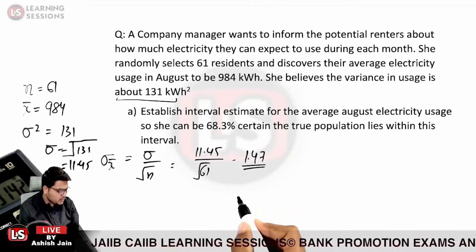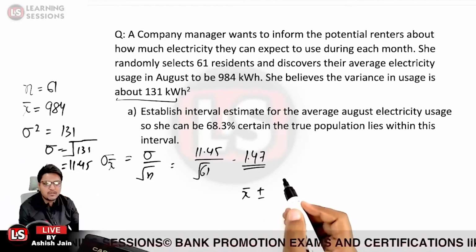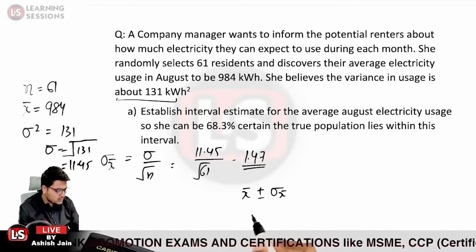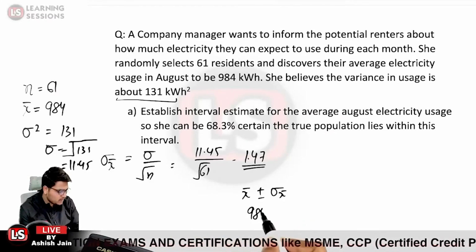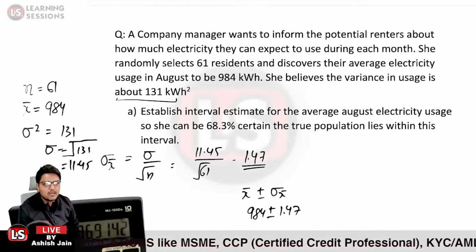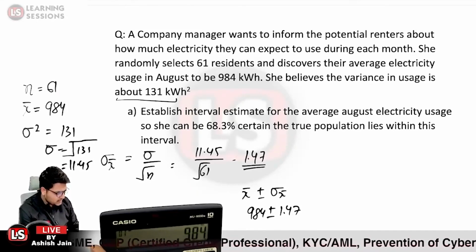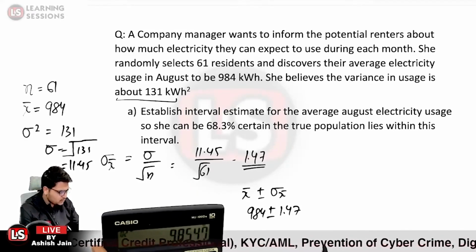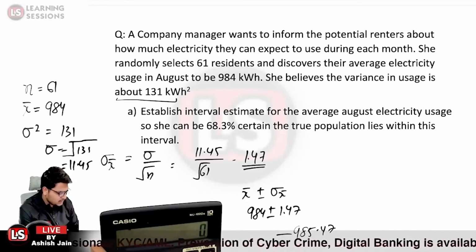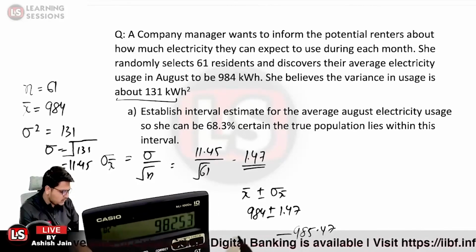Okay. And further we need to ascertain the interval. That will be equal to x bar plus minus the 68.3% certainty, which means sigma x bar over here. So x bar is given to be 984 plus minus 1.47. So 984 plus 1.47 is equal to 985.47, and 984 minus 1.47 is equal to 982.53.